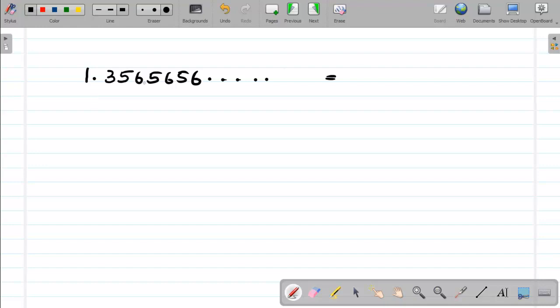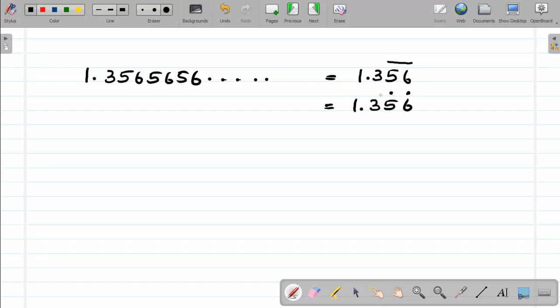So we can write this non-terminating decimal as 1.356, with one bar above 5 and 6. Or you can write 1.356 with a dot above 5 and 6.